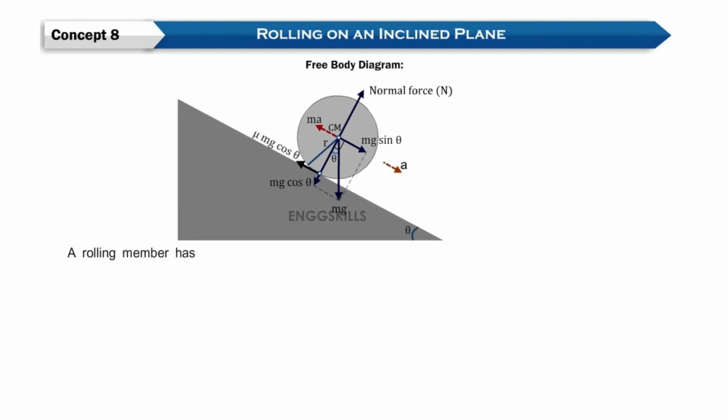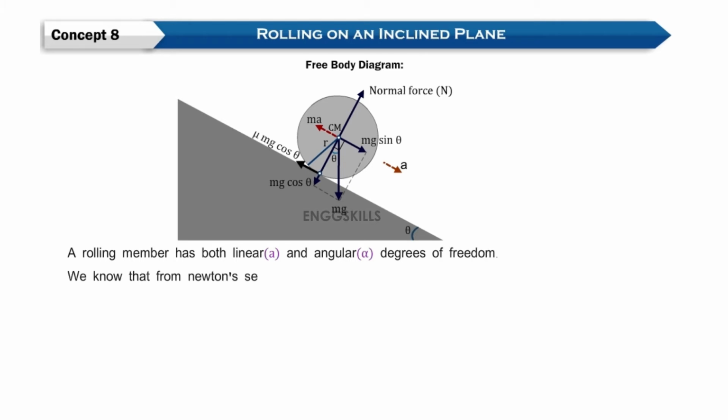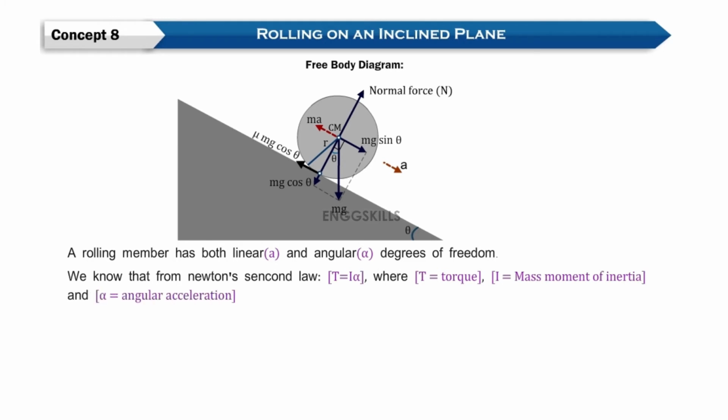A rolling member has both linear and angular degrees of freedom. We know that from Newton's second law, T is equal to I alpha, where T is the torque, I is the mass moment of inertia, and alpha is the angular acceleration.